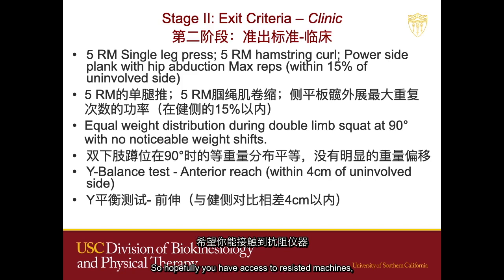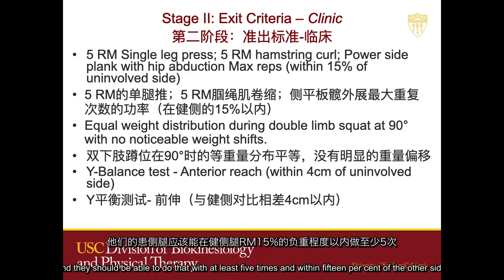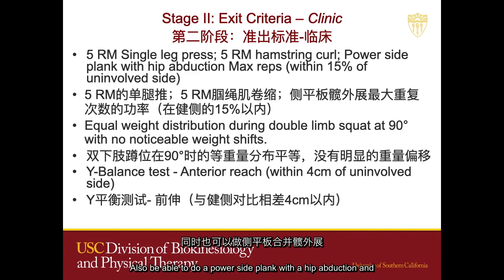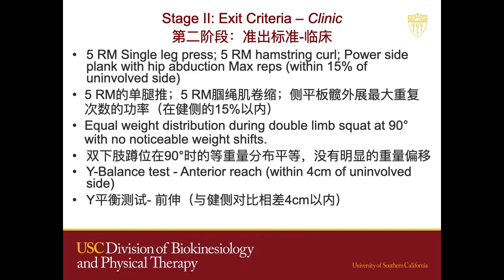So hopefully you have access to resisted machines, a leg press and a hamstring curl, and they should be able to do that with at least 5 times and within 15% of the other side. Also be able to do a power side plank with hip abduction, and you have them do it as many times as they can, and this should also be within 15% of the uninvolved side.